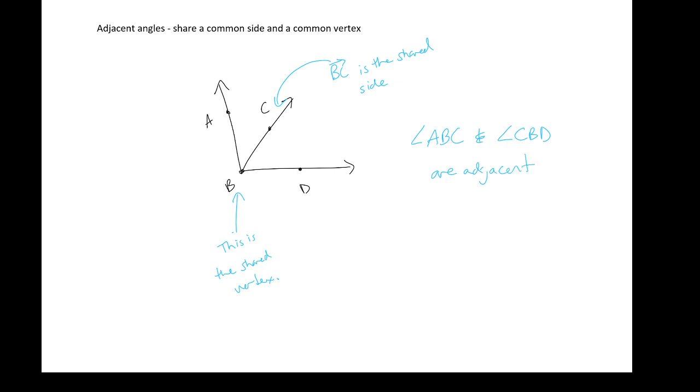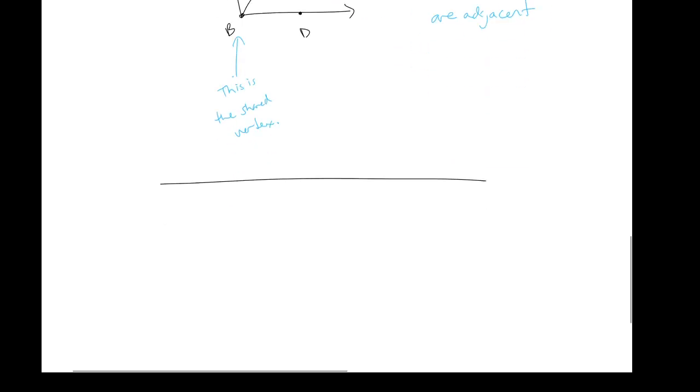They're next door to each other. They share a wall, they share a side, which is BC. And of course, they share that vertex, B. So you'll hear me utilize that term adjacent quite often as we continue through the course. So now we know what that means.